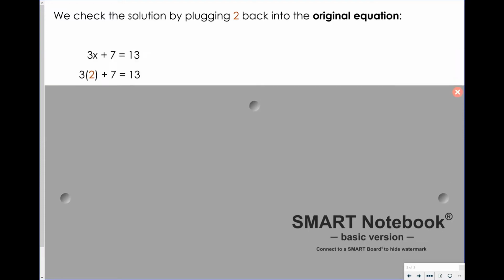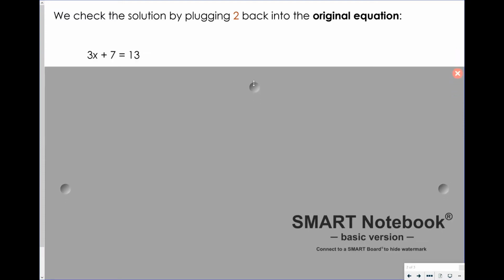And I have it right here. Now, wherever you see x, you're going to plug whatever number that you get back into that problem, into x. So for example here, 3x plus 7 equals 13.